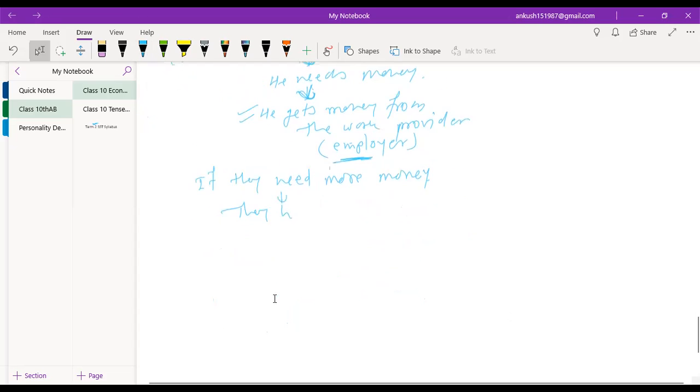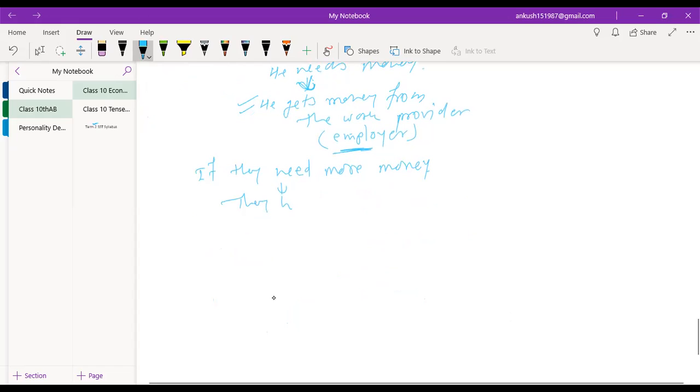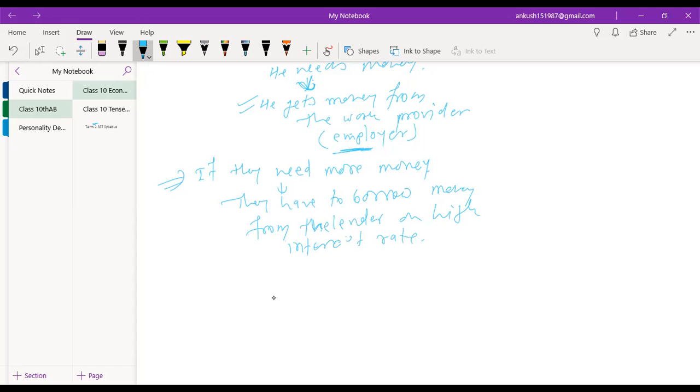Suppose such landless people need more money, so they have to borrow money from the lender at a high interest rate. Okay, high interest rate.